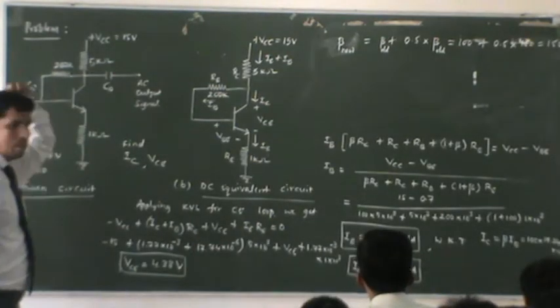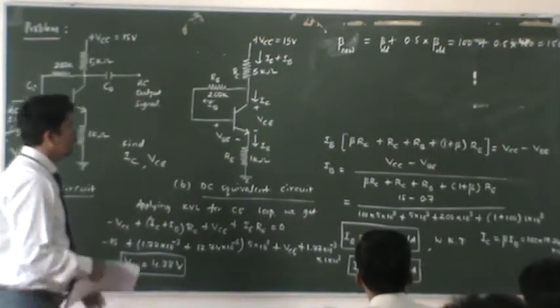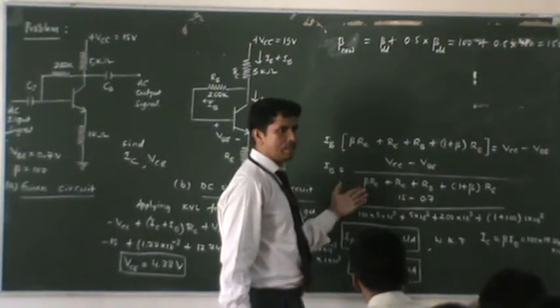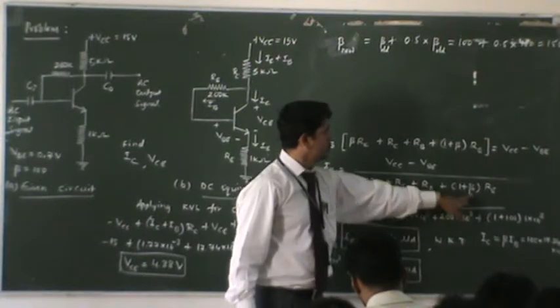Find out from that the base current IB. Use the same expression given here and substitute the new value of beta.